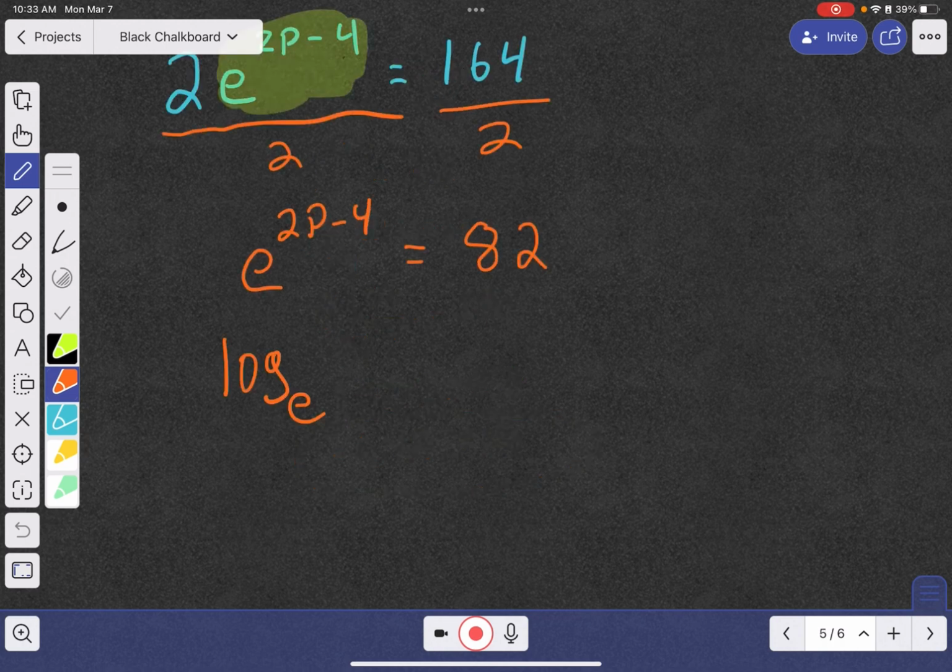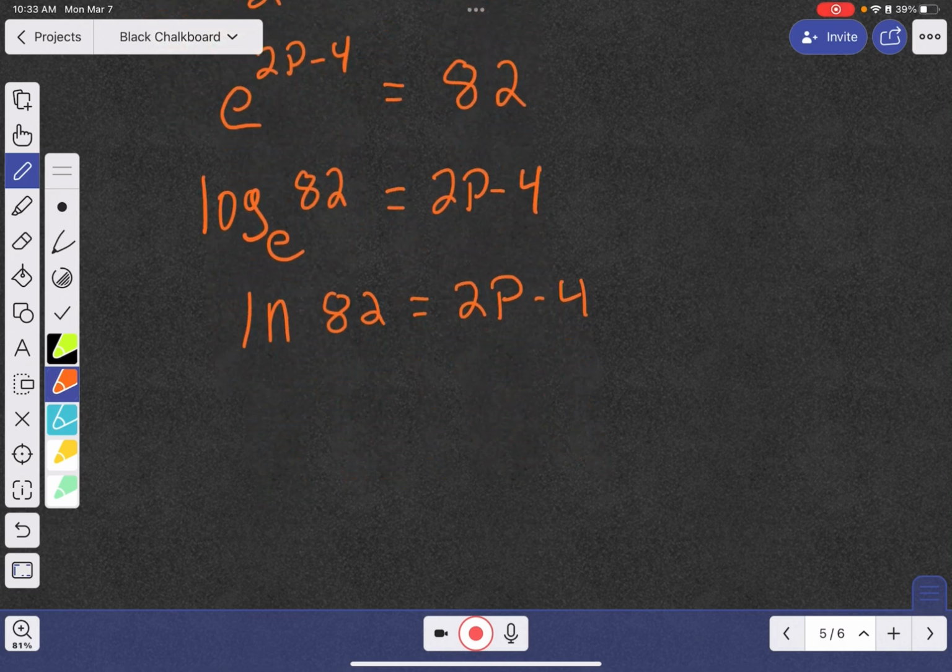So whatever our base is, that's what the base is going to be for our log. What's my of? 82 equals 2p minus 4. What is log base e equivalent to? ln. Log base e is equivalent to ln. So this is ln of 82 equals 2p minus 4.